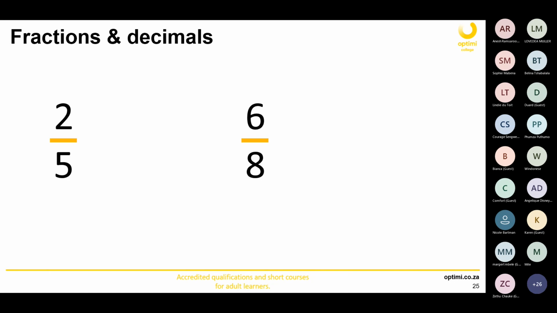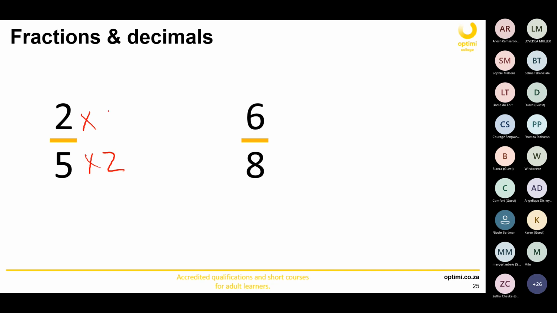If they say convert this to a decimal, and you do not have to show calculations, you can go to your calculator and say 2 divided by 5. If they want you to show calculations, how do I go about it? Well, I can make 5 into 10 by multiplying by 2.